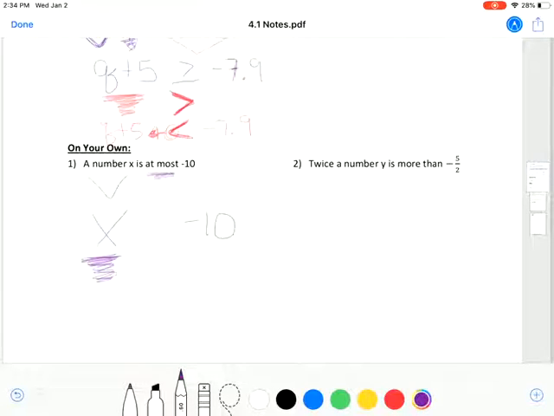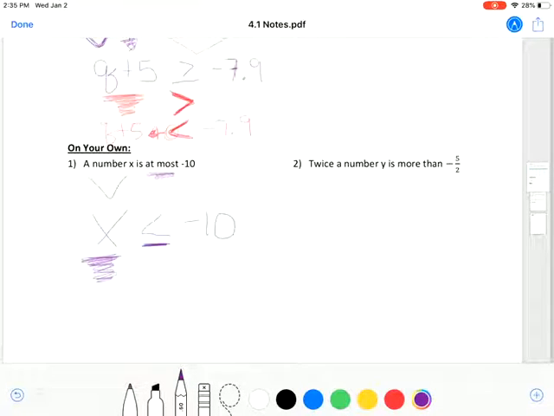For instance, if my lunch today can only be at most $10, it couldn't be 11, it couldn't be 15, because you only brought $10 to school. But it could be anything less than 10 or equal to 10. If you're saying something is at most 10, that can still include that 10. So I know right away my x is going to be less than negative 10, and I also know that I'm going to be including that negative 10 in my inequality.